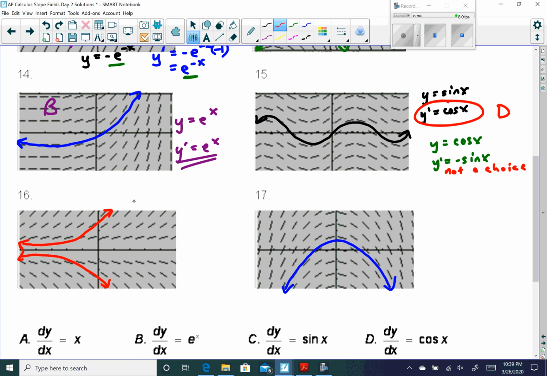So let's say, if it looks a little bit more stretched out, let's say y is equal to 1/2 e to the x. Then y prime would also equal 1/2 e to the x. So then we could say y prime is going to equal 1/2 of what y is here.